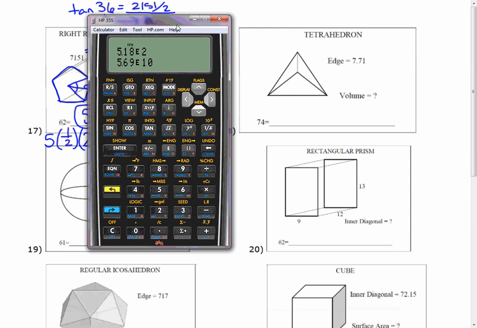Okay. For our tetrahedron, each one of these faces is going to be an equilateral triangle. The edge is 7.71. If we were looking for the surface area, we would use equilateral triangle formulas, but we want the volume, and our equation here is that we're going to take the edge cubed and divide it by 6 square roots of 2.